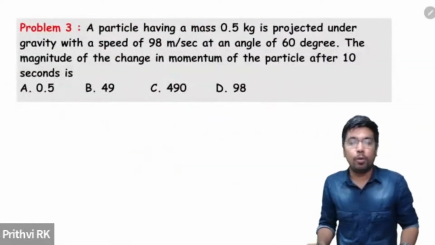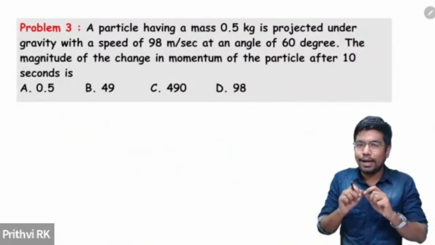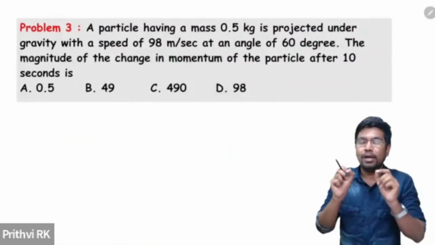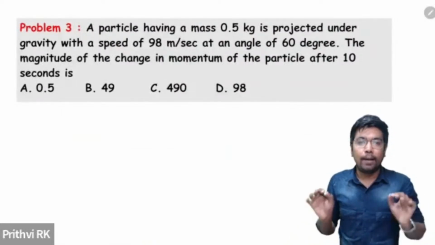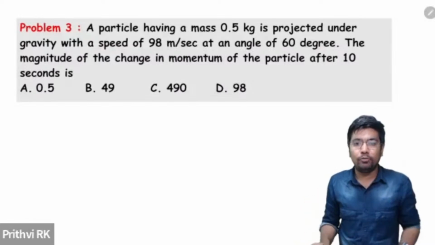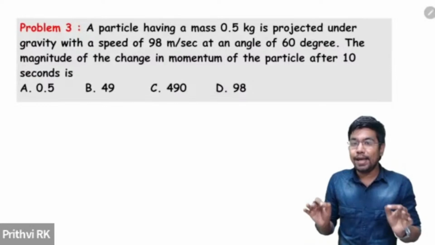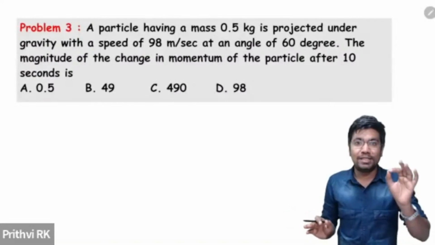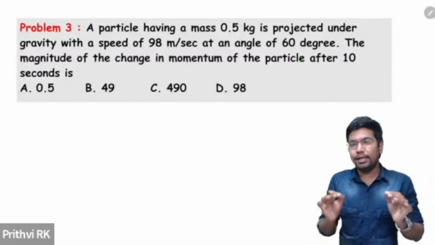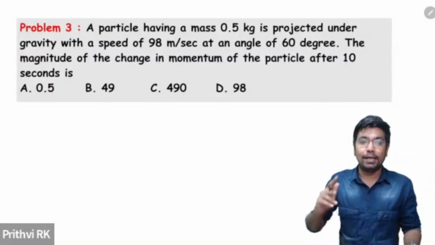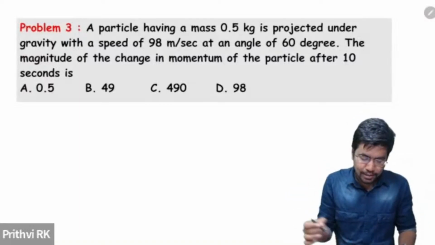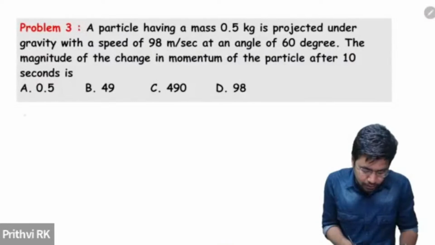Now we will move on to problem 3, a somewhat harder one, which is from VITEEE. A particle having mass 0.5 kg is projected under gravity with a speed of 98 meter per second at an angle of 60 degree. The magnitude of change in momentum of the particle after 10 seconds is? So what are the things they have given?